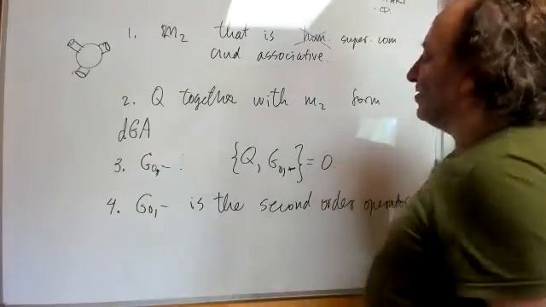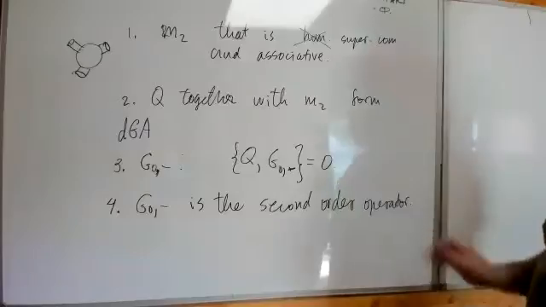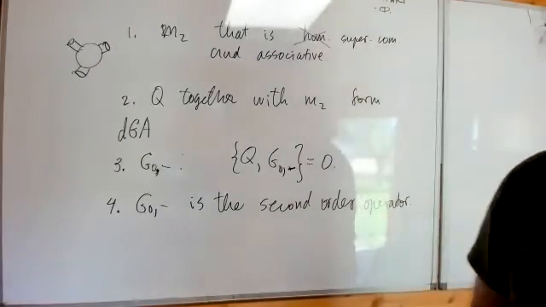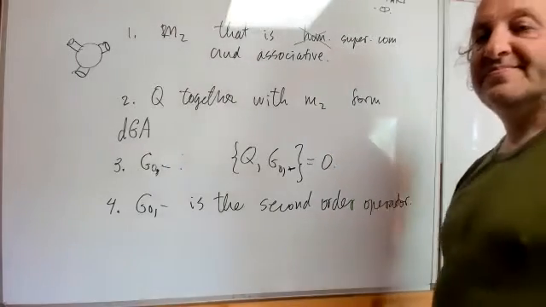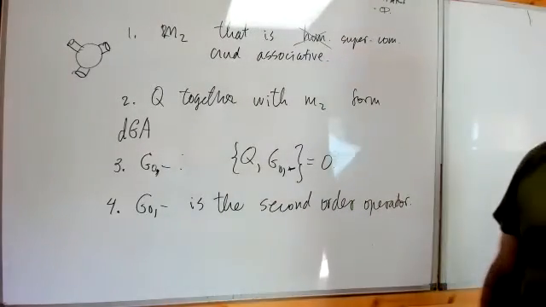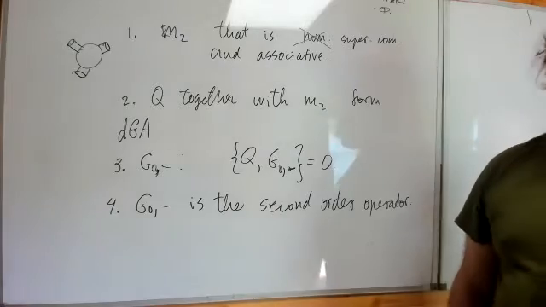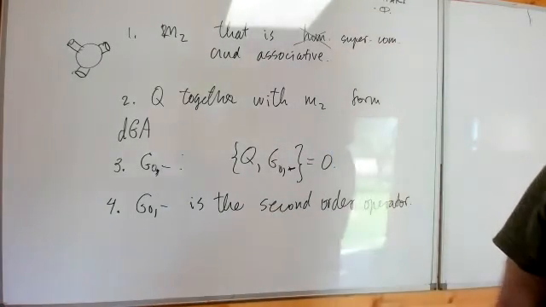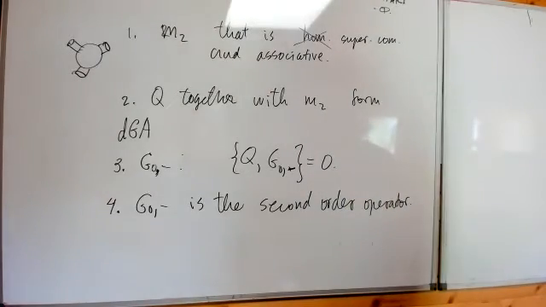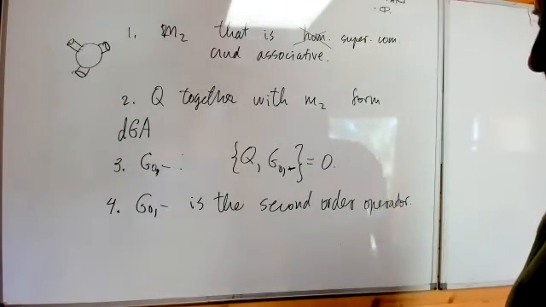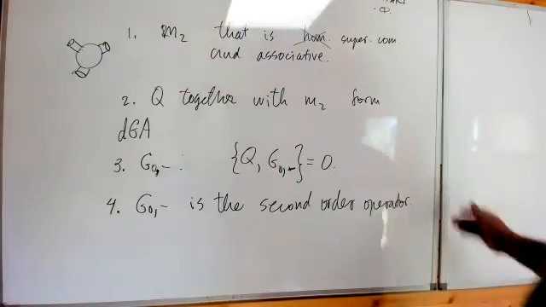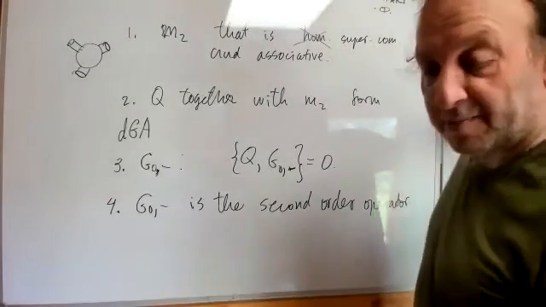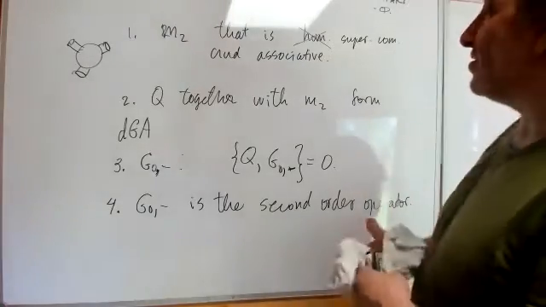The notion of the order of an operator comes whenever you have a supercommutative associative algebra. In particular, in such an algebra you may ask the following thing. Let me comment on the notion of the order of an operator.